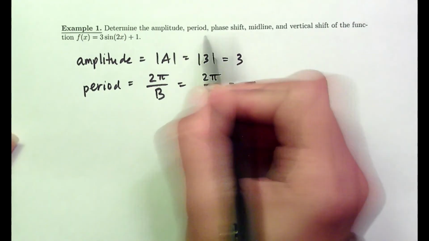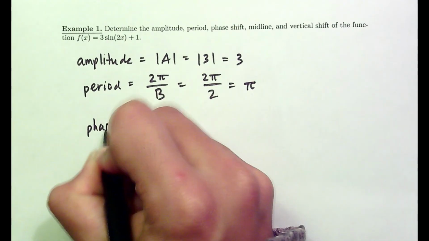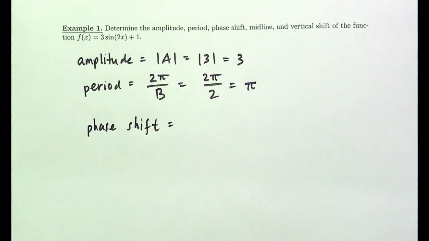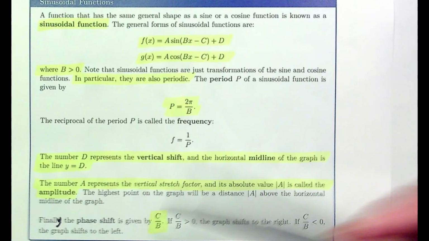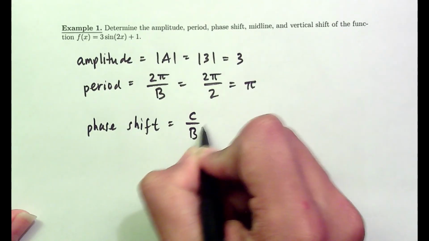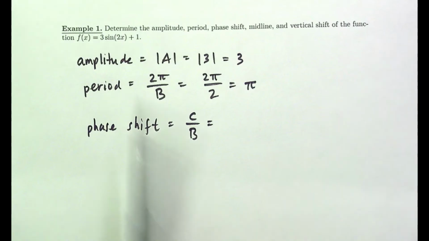What else? The next thing that we need to find is the phase shift. Okay, the phase shift formula is, again, memorize that, c over b. And remember the comment about the sign being the opposite. So the phase shift is c over b. c here in our example is 0.